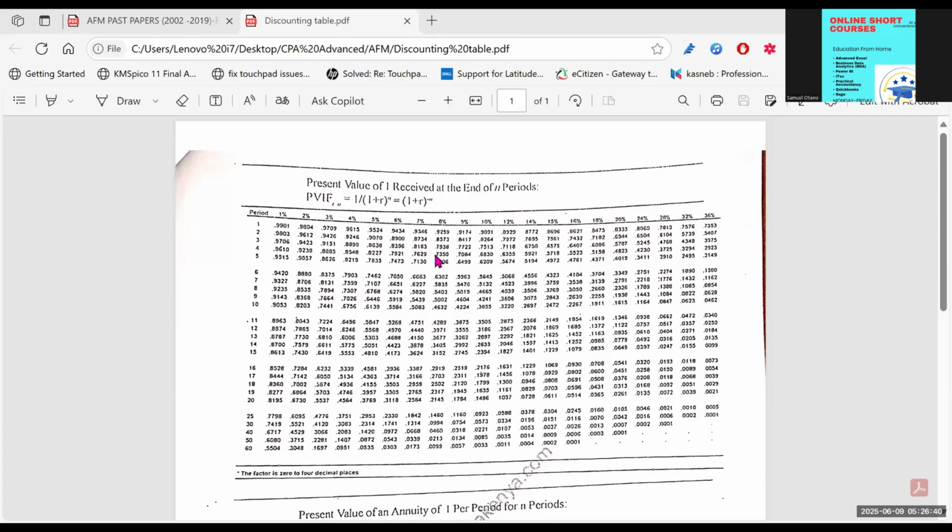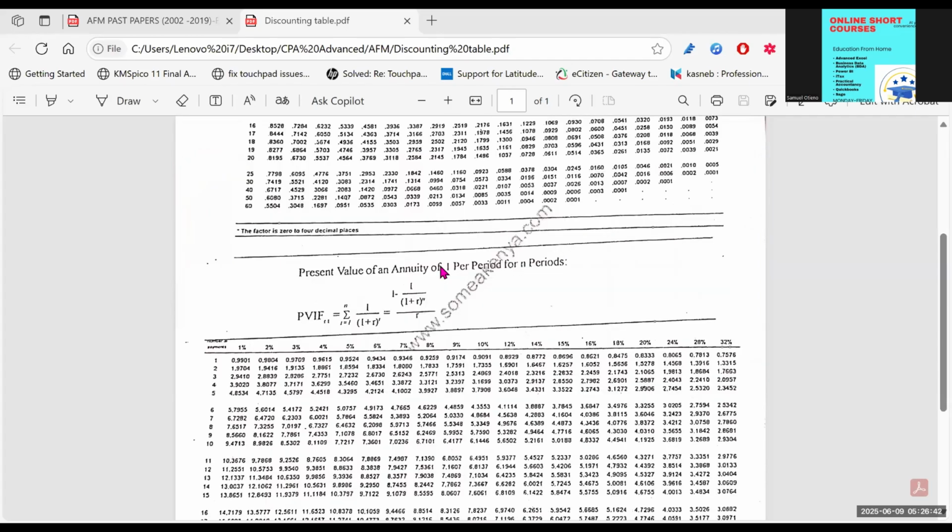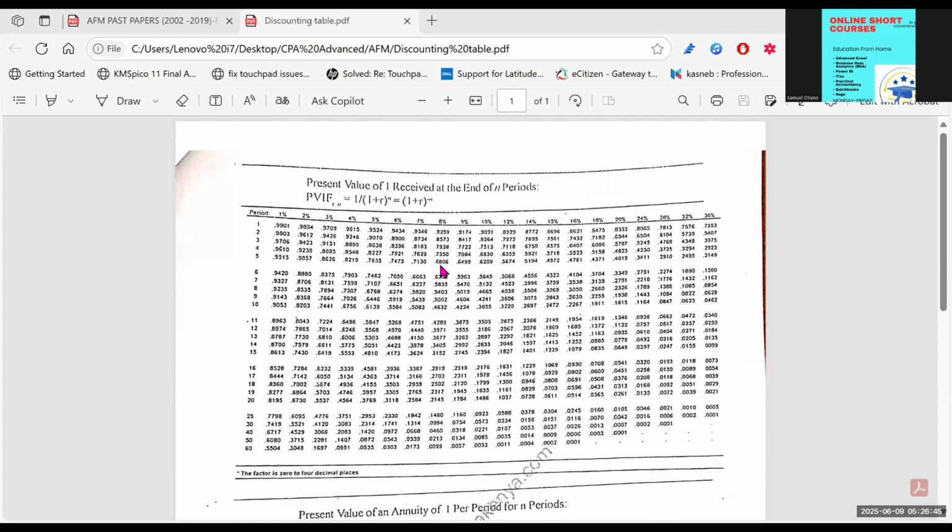So in an exam room, you will be shown this discounting table. And I told you how to pick the factors from the discounting table, where you are looking at the period and the discounting rate. So given the discounting rate in the question, whether it is 10%, 15, 12, 5, 6, or any number, you just come and pinpoint where the percentage discounting rate is, or the cost of capital. Then you look at the period column to see which year you want to pick its discounting factor.